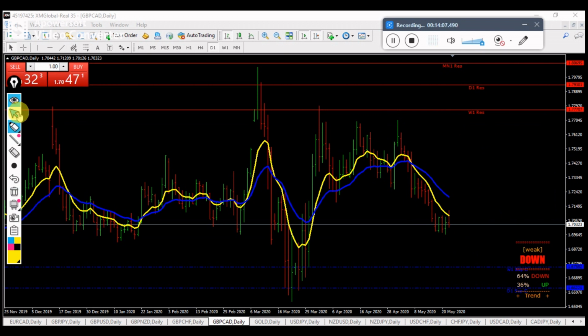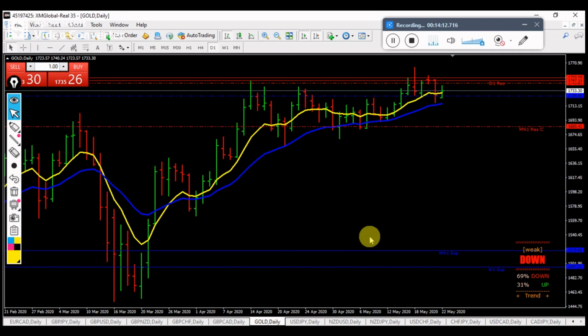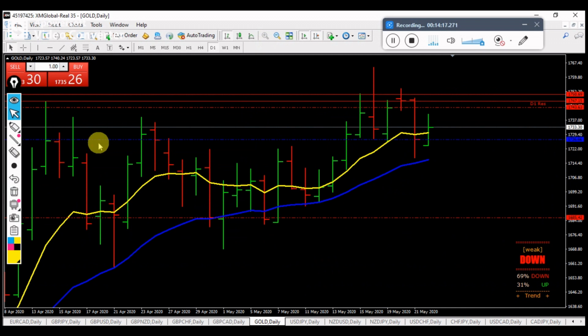Let's move to the highest volatility pair in the market, which is gold. As I told you in my previous video, I was expecting gold to touch the 1760 level, and exactly the same thing happened that day. The guys who are in our paid group knew we sold gold at the 1765 level and we got all this profit.